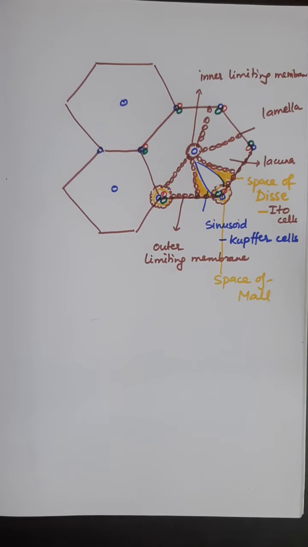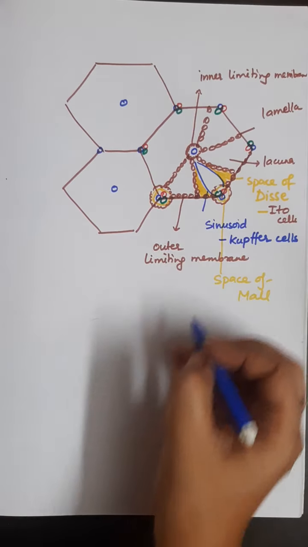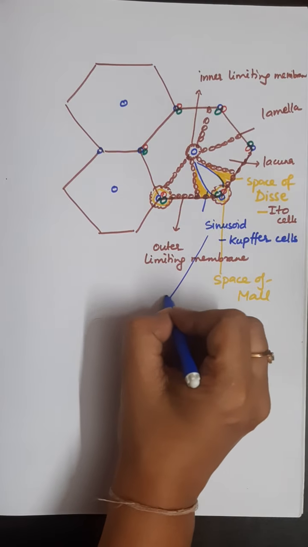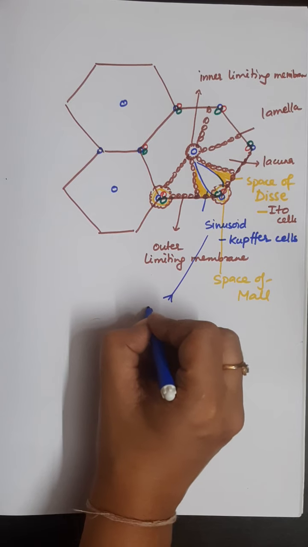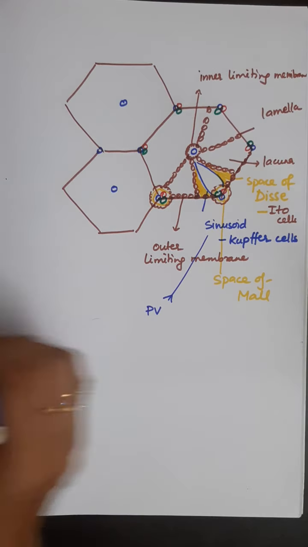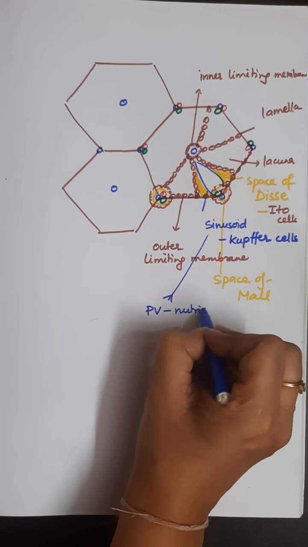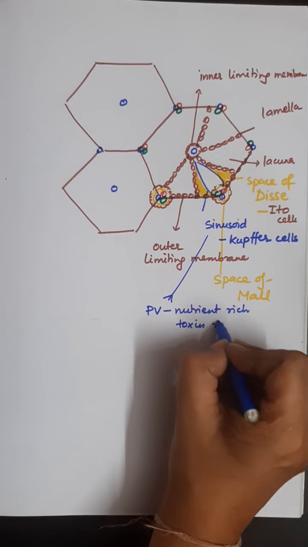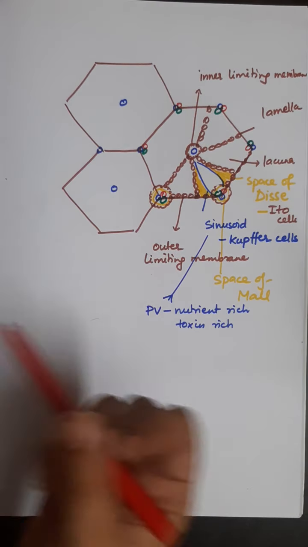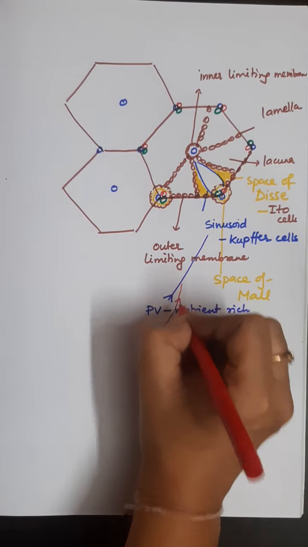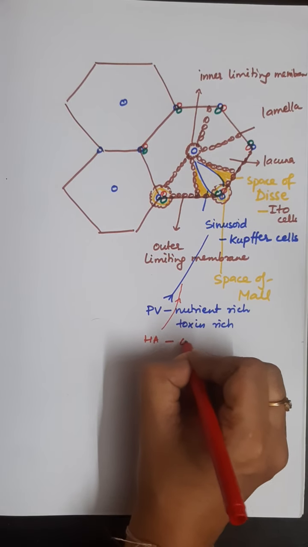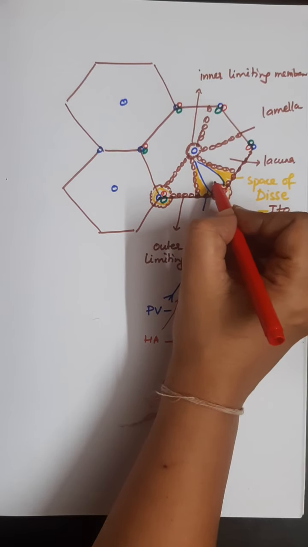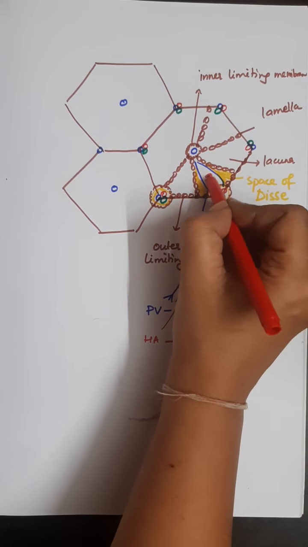Now the blood in the sinusoids come from the portal triad. The blood which comes to the sinusoids come from two sources. One is from the branches of the portal vein, which brings nutrient rich but toxin rich blood from GIT, and also the blood from the hepatic artery, which is oxygenated. So there's mixing of these two bloods in the sinusoids.